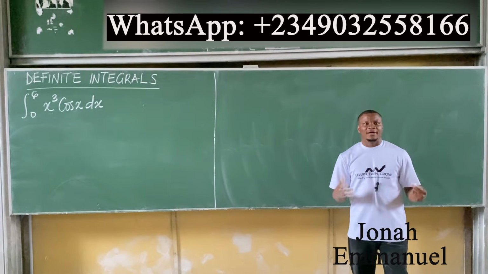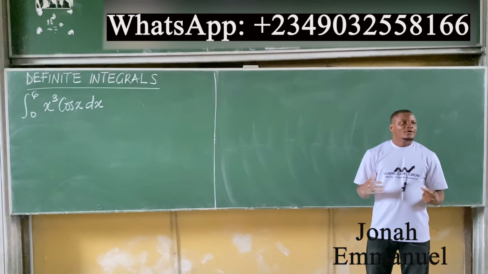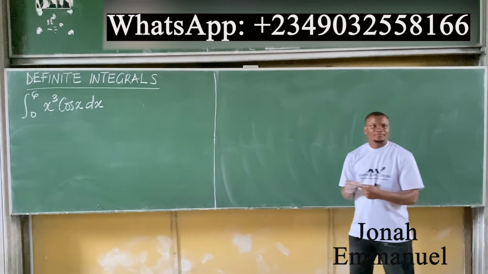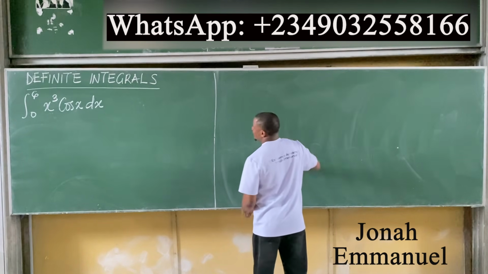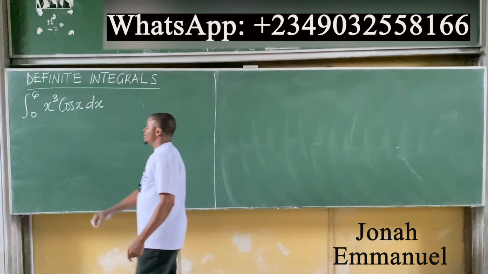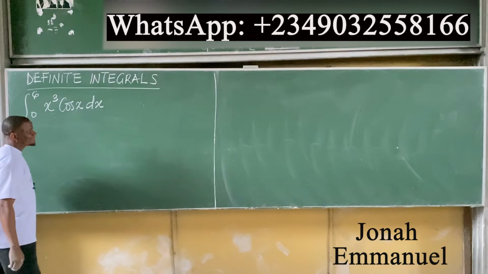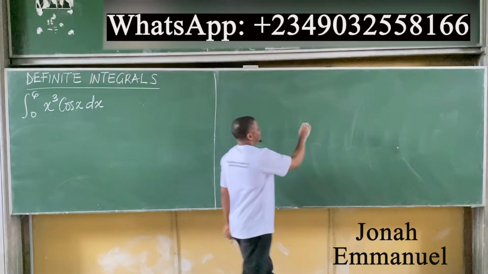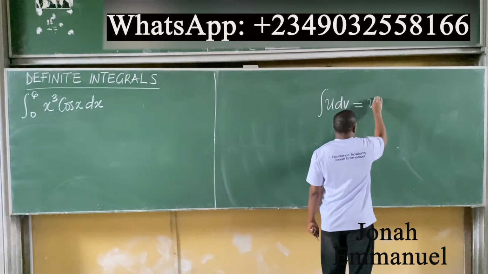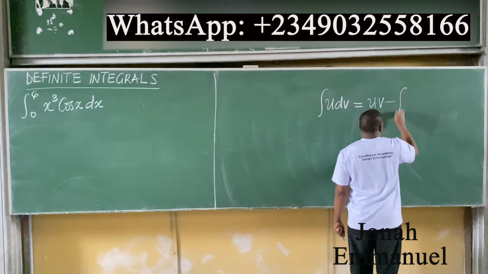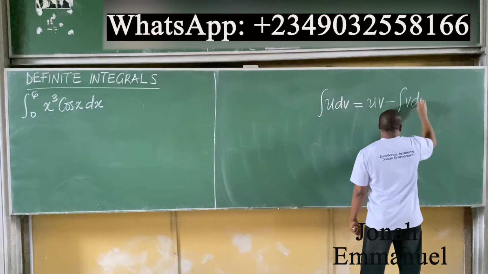In integration by parts, what's your formula? By parts formula is the integral of u dv is equal to uv minus integral of v du.